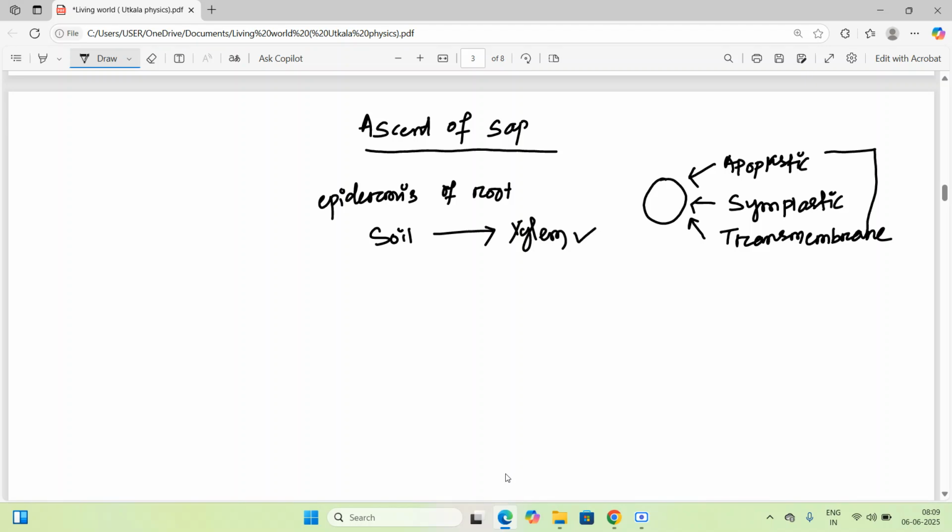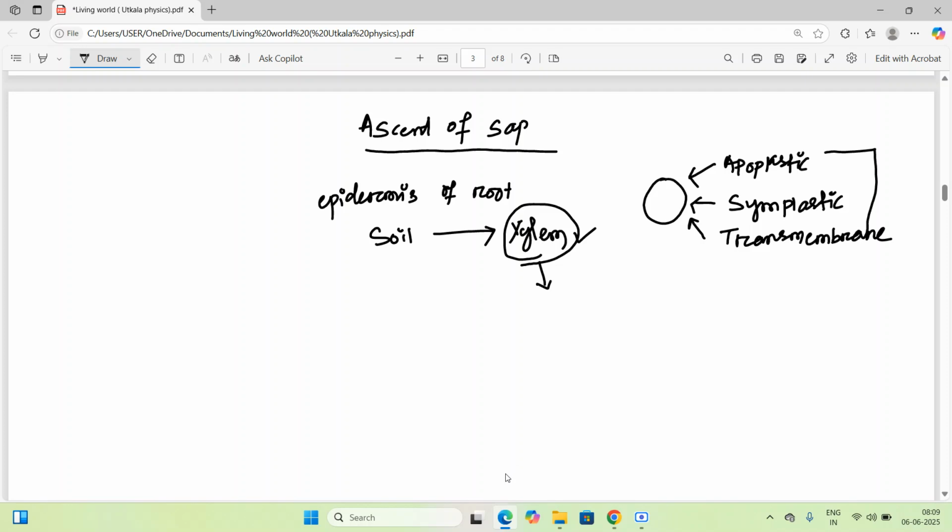Then we have reached the xylem. Now we will study the xylem anatomy: what is the structure of the xylem and what are its components, and then the water transport through the xylem.